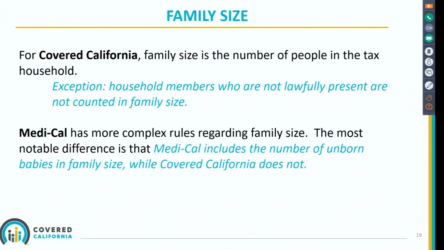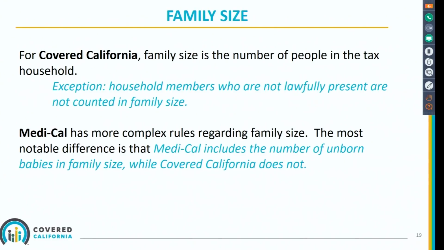Medi-Cal has much more complex rules regarding family size. They take into account different custodial relationships. They cover people who aren't tax filers, whereas Covered California doesn't. They're concerned with who lives under the same roof together. It's just a different program for accounting for household composition.